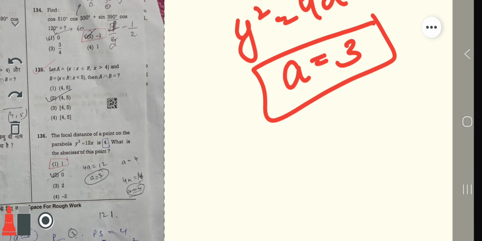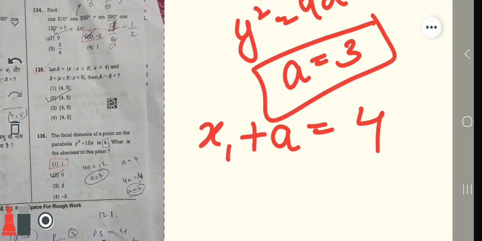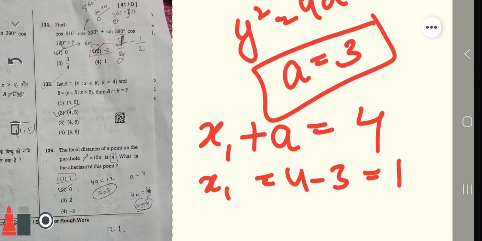And since focal distance is given, focal distance from a point x1 is x1 plus a, which is equal to 4, right? And x1 equals 4 minus 3, which gives us 1. x1 is 1. So option number 1 is the correct answer.